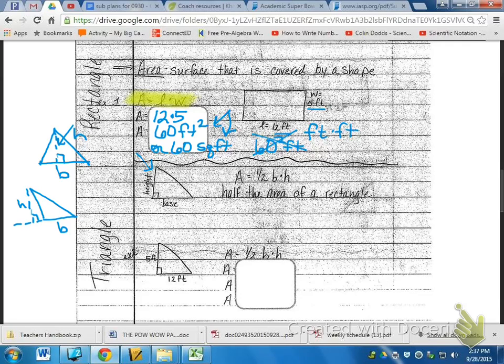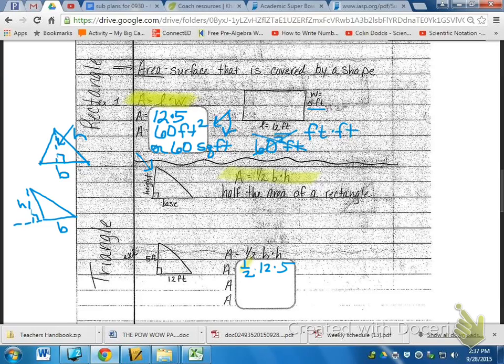Okay, back to our area. Since a triangle is half of a rectangle, the formula is 1/2 base times height. So when I'm looking at this, and I've got the same dimensions as the last example, I'm going to do 1/2, oops, I left my highlighter on, 1/2, and I would put 12 times 5.